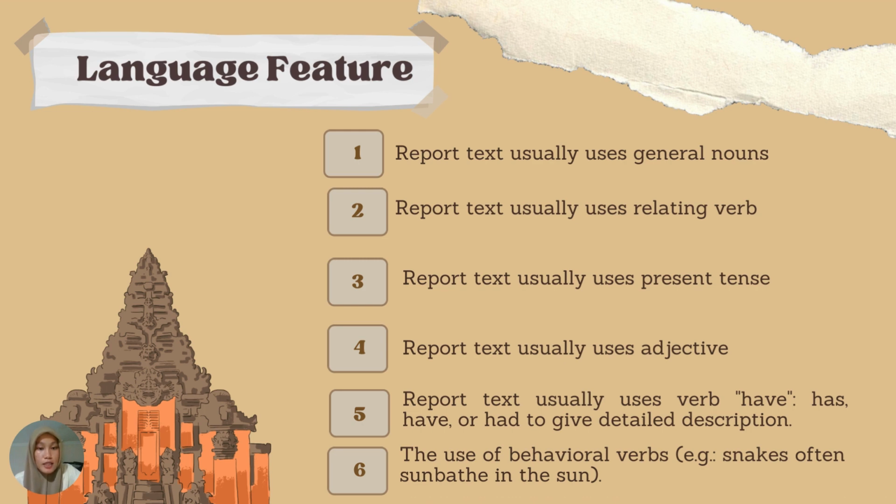And next is use of adjectives, and next is use of verbs like have, such as has, have, or had, to give detailed description. And the last one is use of behavior verbs. Here I put the example like snakes sunbathe in the sun.